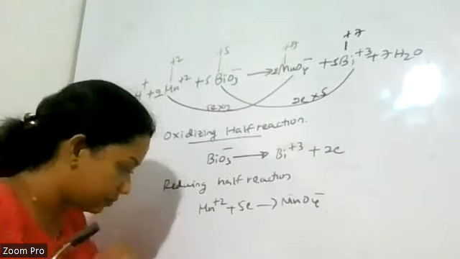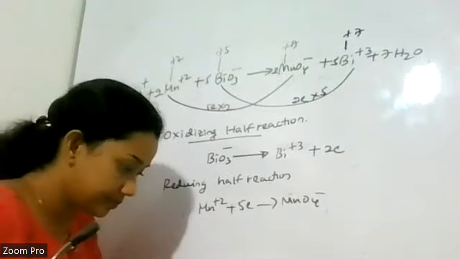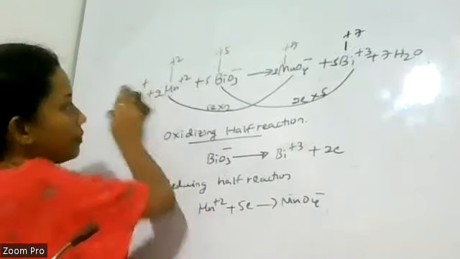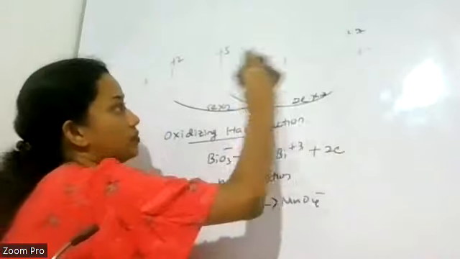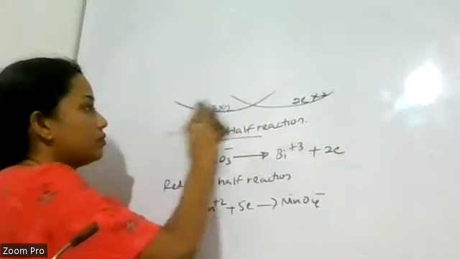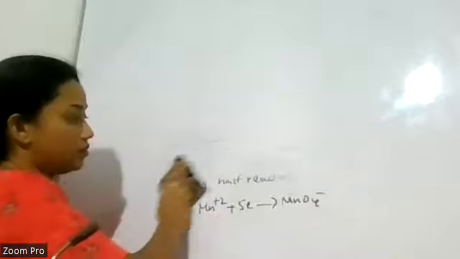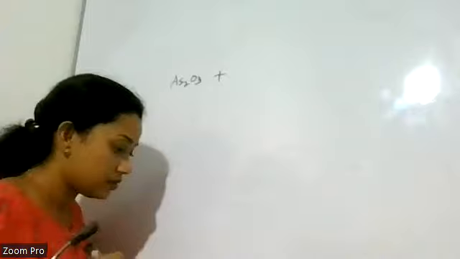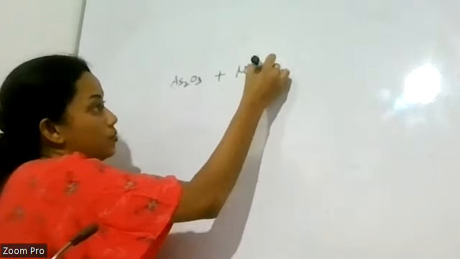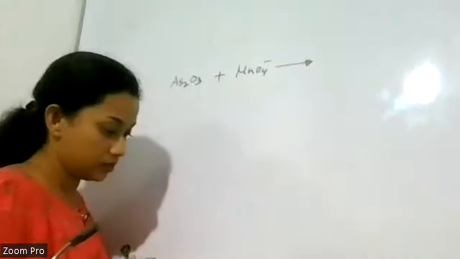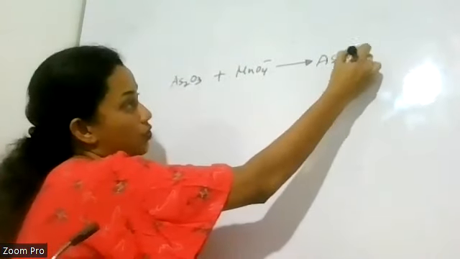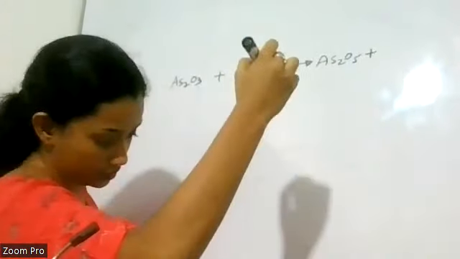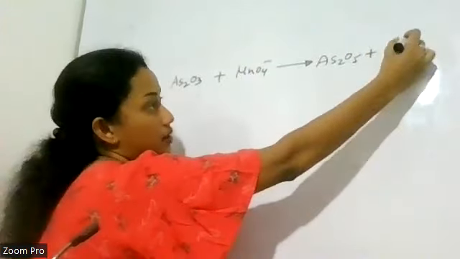Next one. As2O3 plus MnO4 minus into As2O5 plus Mn2 plus.